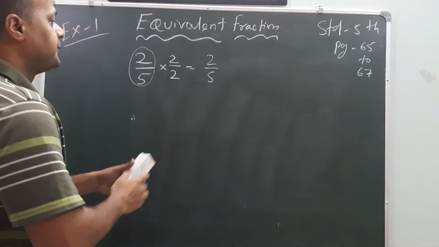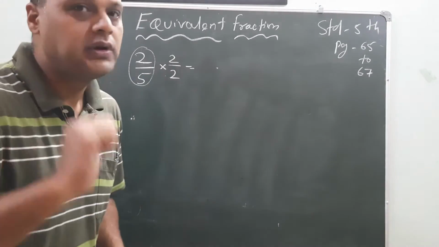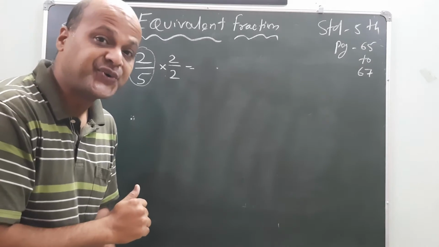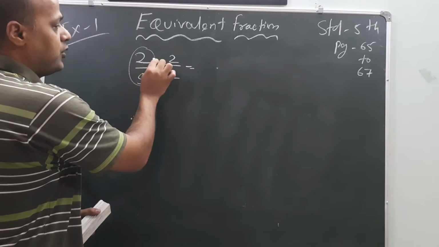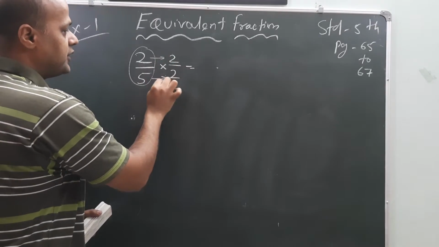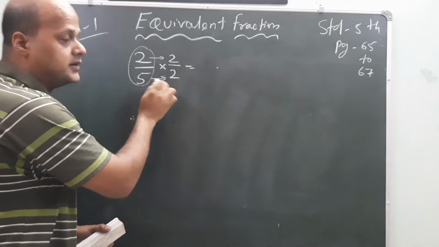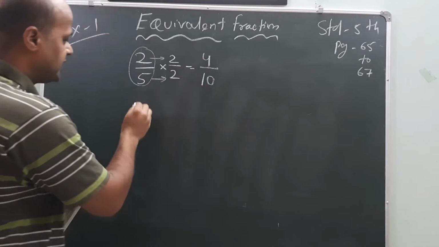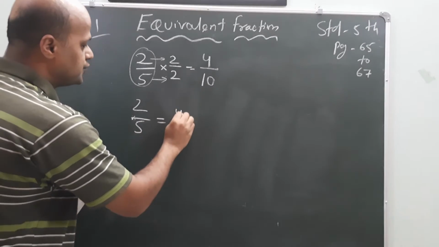If these two cancel each other, then 1 comes, and again the same result comes. Now you must multiply these two. Numerator will be multiplied with numerator, denominator with denominator: 4 by 10.